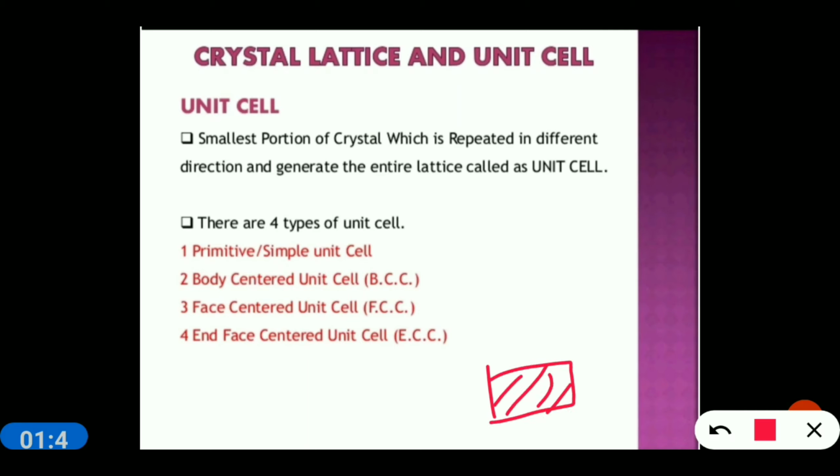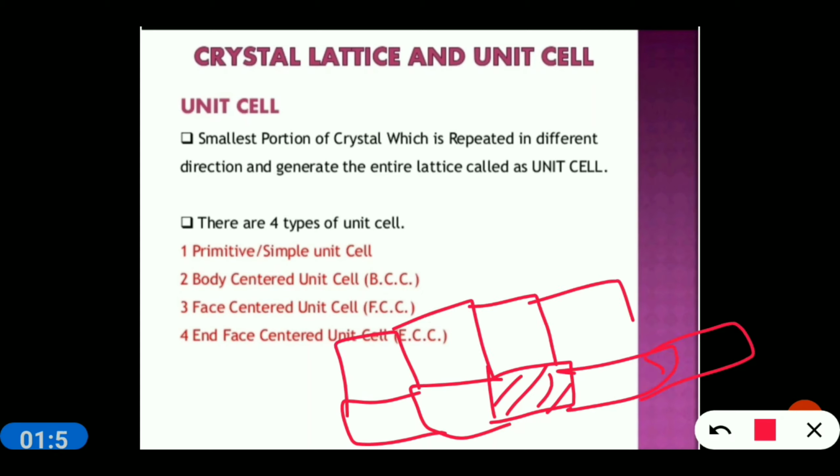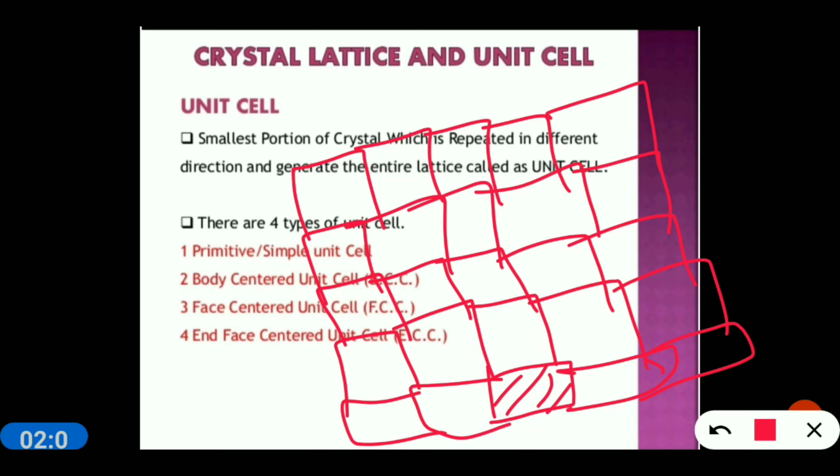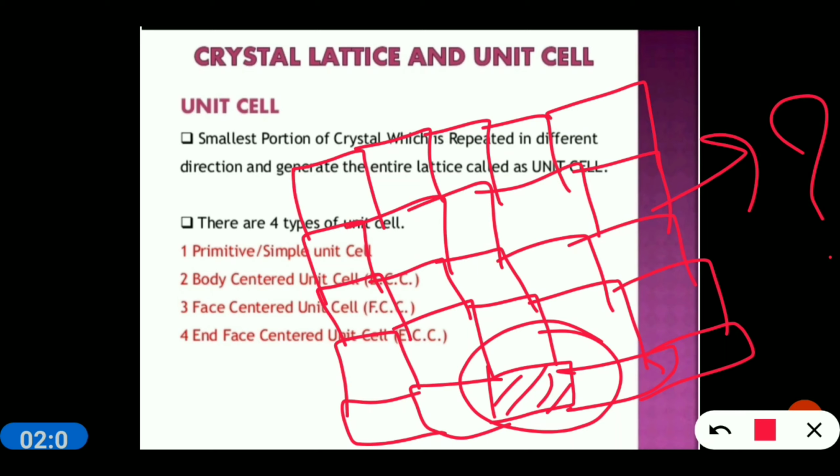With the help of bricks we can form a wall. So repeatedly, when the bricks are arranged in a particular direction, the whole wall can be obtained. This wall is known as the crystal lattice, but this particular single brick is known as the unit cell.